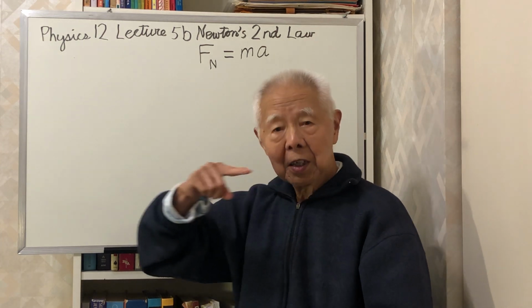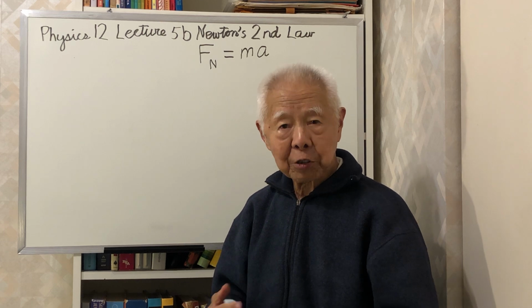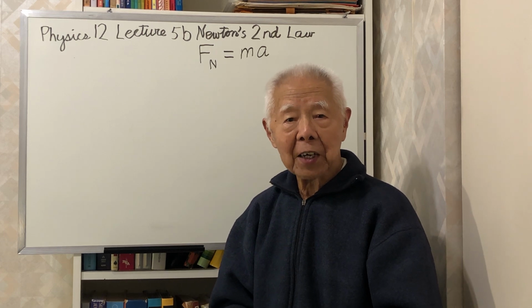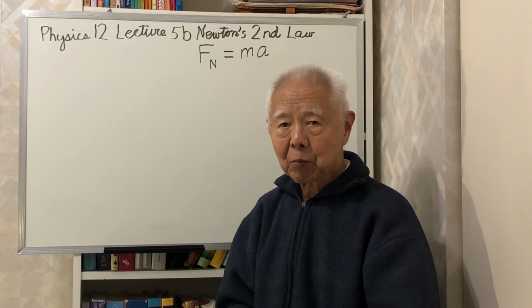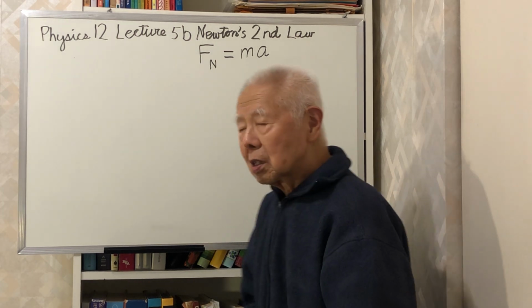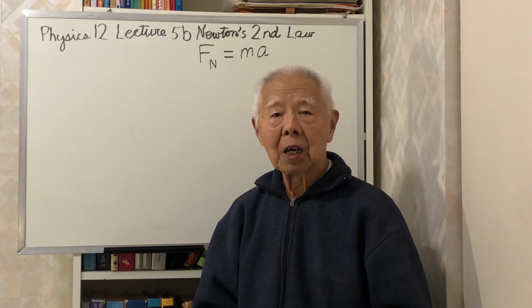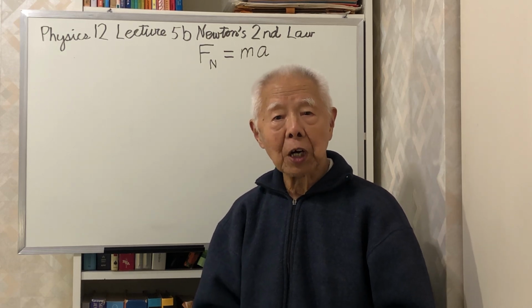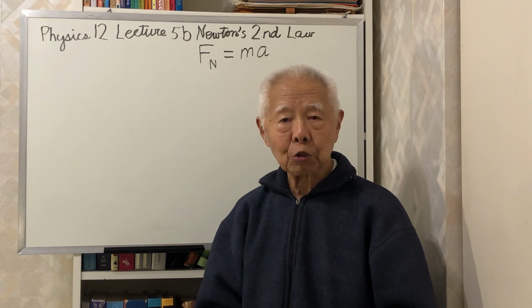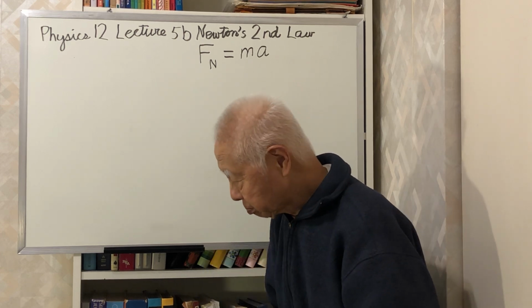A force has a direction. And acceleration also has a direction. So the formula is very simple. So we need to do some examples to show how we use the formula.